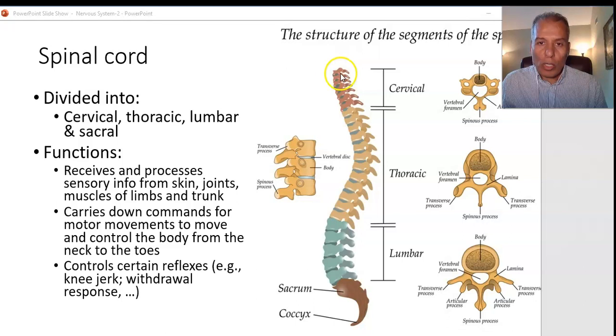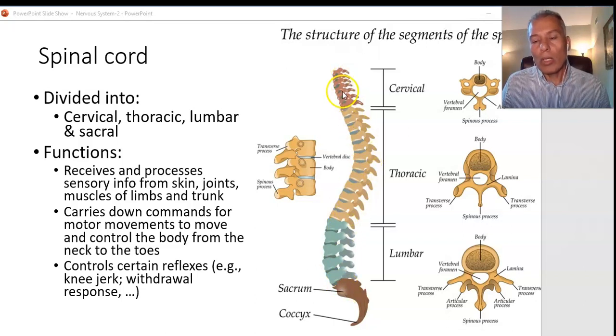So each one of these has that spinal canal, and the spinal cord then is that big bundle of nerves that goes through every vertebra to the very base.